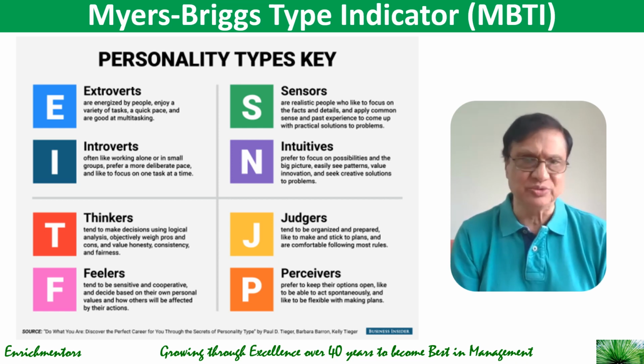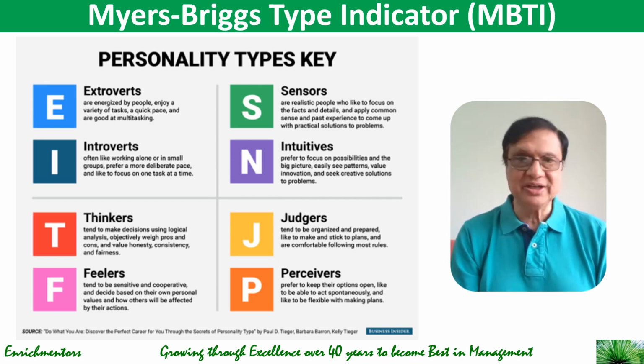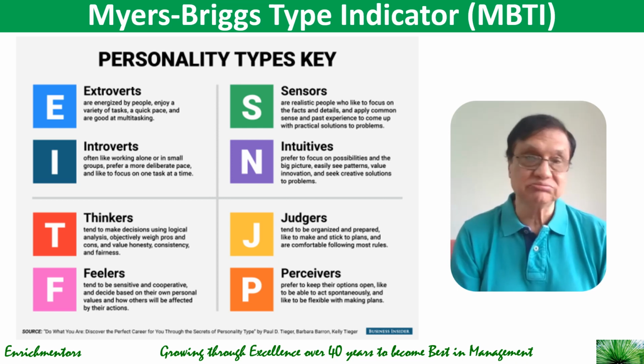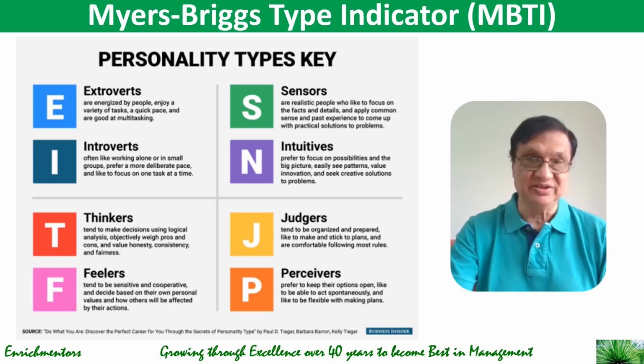This test can help you understand your natural preferences and how you interact with the world, and can help you make career choices that will align with your personality type, right? For example, if you are an extrovert, sales could be your career. If you are an introvert, maybe analytics could be your career, like this.